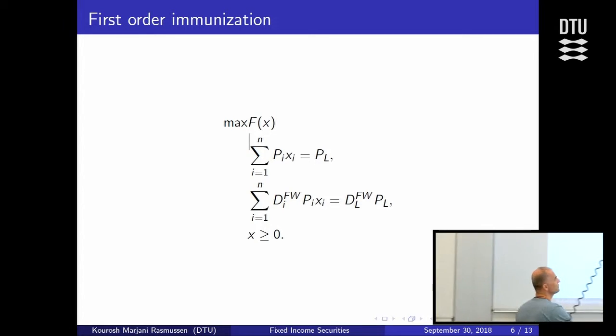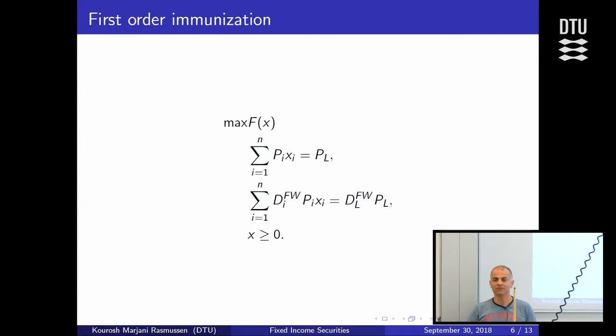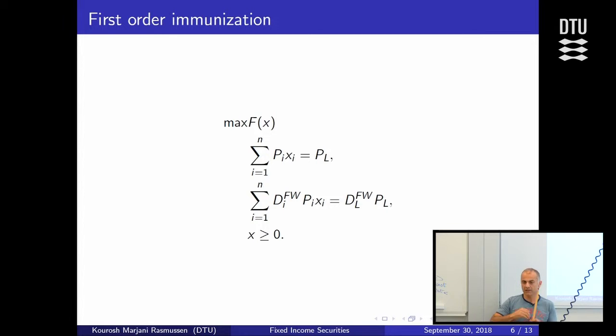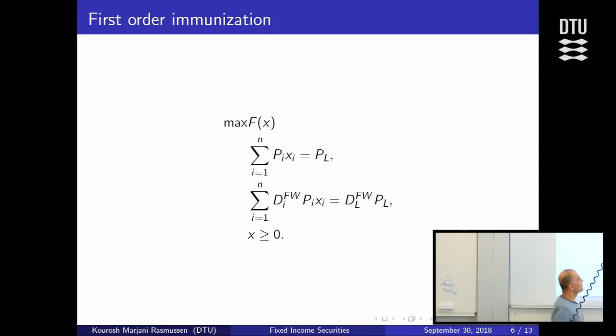If I discount all my liabilities, I have a liability cash flow, and I discount it all back and sum it up to its present value today, that's, let's say, 1 billion krona. If I were a pension fund, that might be several billion kronas, maybe hundreds of billion kronas, right?